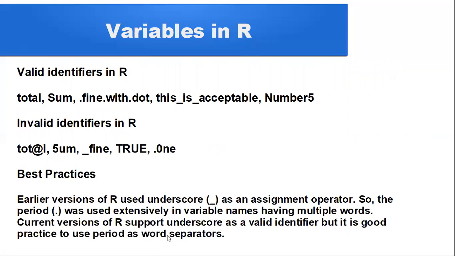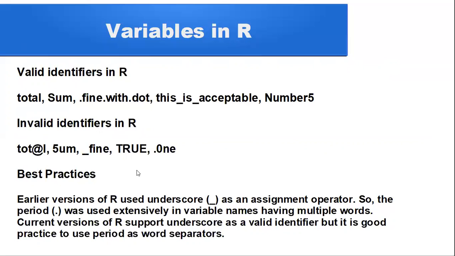Variables in R. Valid identifiers in R: total, sum, .fine.with.dots, ..width. Underscore is not acceptable in this case, and a name starting with an underscore or a number is invalid. tot@al is invalid, and 5_find is invalid. What is the best practice?